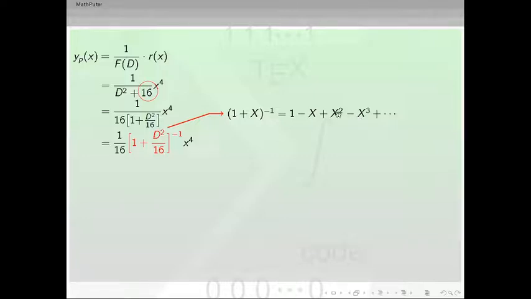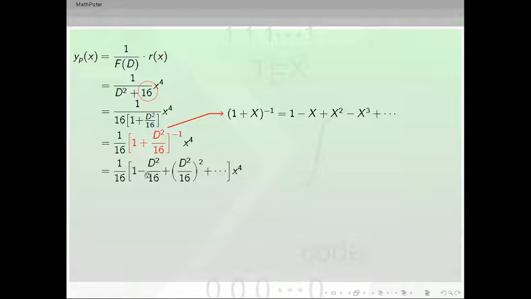In place of x, we assume D square upon 16. So we have 1 upon 16 into 1 minus D square upon 16 plus D square upon 16 whole square, and continue in this manner, into x raised to 4.